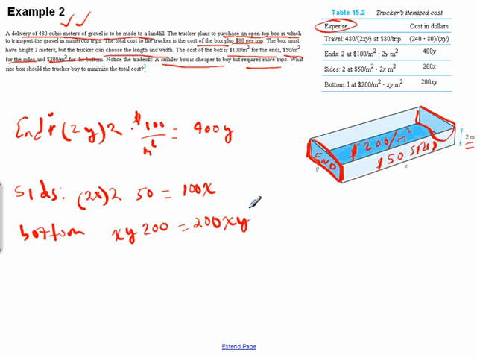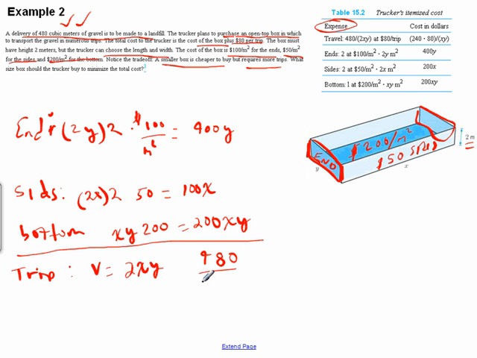Well, what about the cost of the trip? The volume of my box is 2xy. So if I take the total amount of gravel that I need and divide it by the volume that I have, this is going to equal the number of trips.